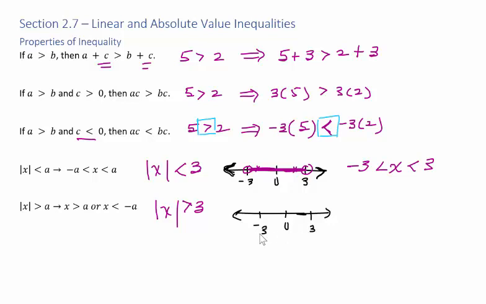Those work, but 3 and negative 3 do not work, and numbers between negative 3 and 3 don't work either. So what we end up shading are numbers that are just greater than 3 or less than negative 3.